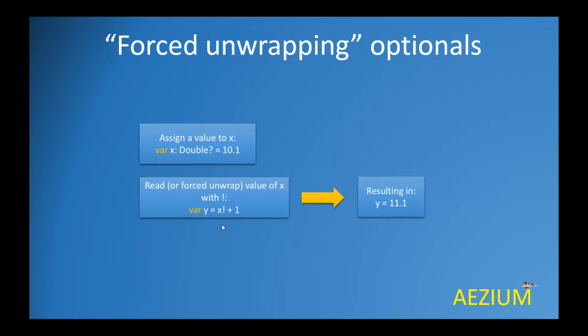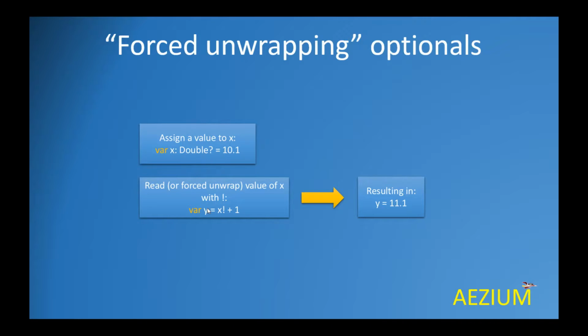In order to be able to access the known value of a parameter which is of optional type, we have to unwrap it. To unwrap an optional parameter, we use an exclamation point after the name of that parameter. So when we have x followed by an exclamation point, we are telling Swift to unwrap the value of x and then add it to 1, then assign it to y.